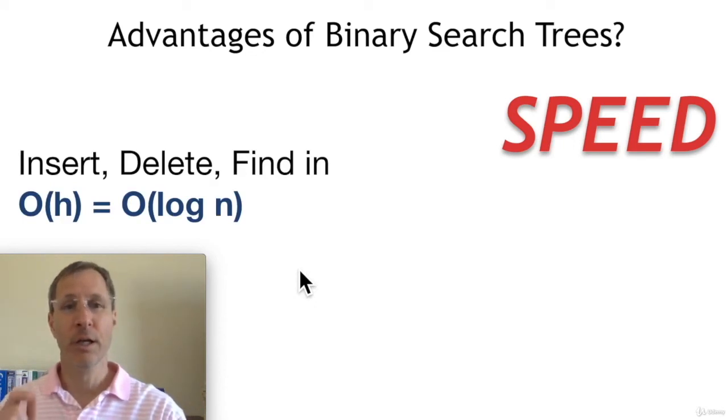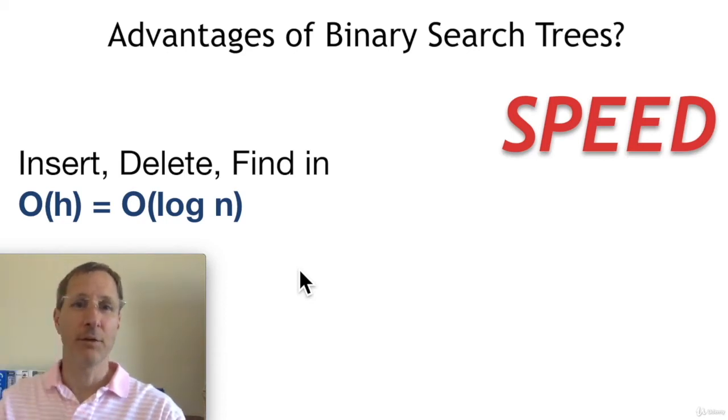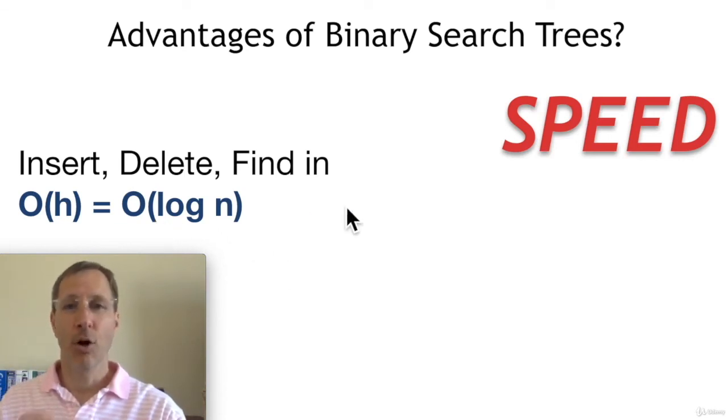You can insert, delete, and find data in a tree in big O of h, or the height of the tree, depending on how many levels there are in a tree. Or, put another way, log n of the data. The log of 10 million is about 30. In other words, if you don't know what big O means, this is an order of operations, an approximation of how many operations it takes to achieve something.